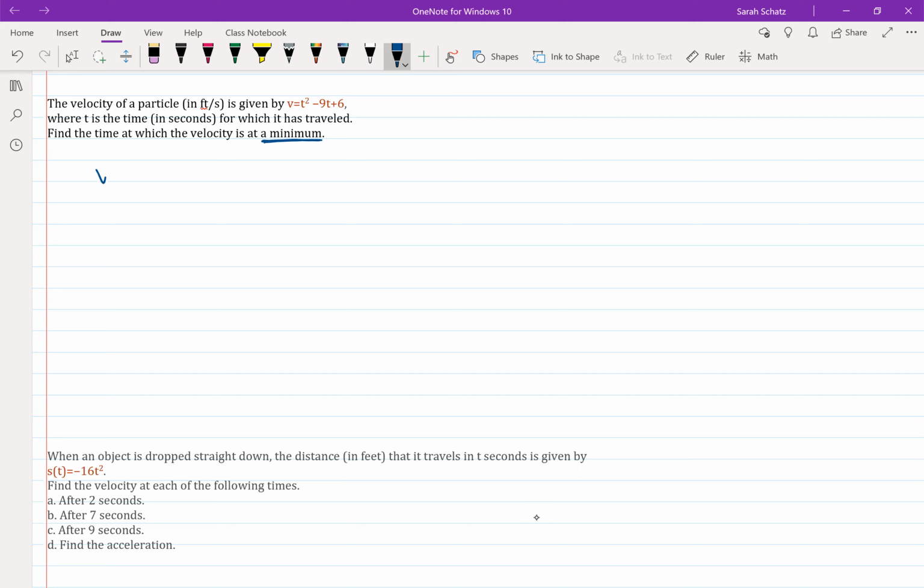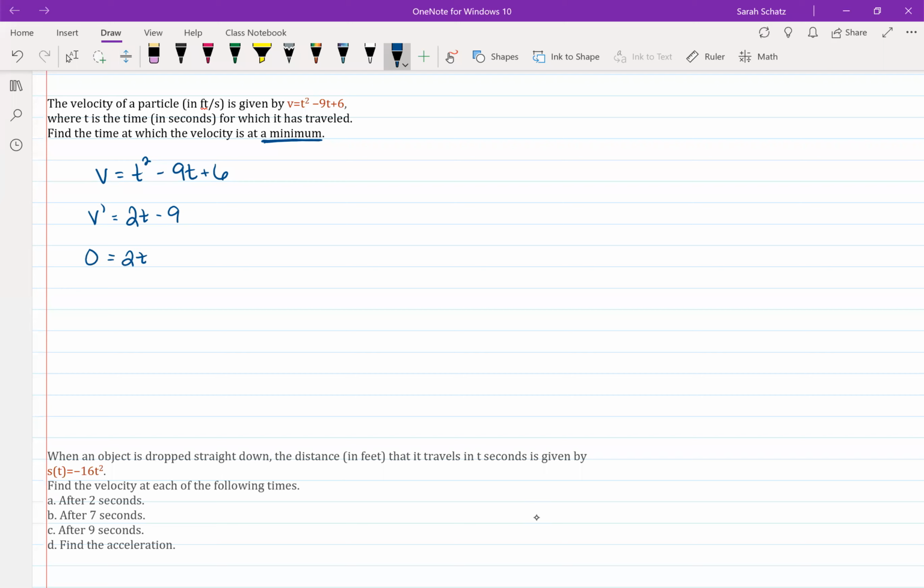So how do I find critical points? Well, I take the first derivative, right? So we have v equals t squared minus 9t plus 6. Let's take the first derivative. That's going to be 2t minus 9. Set that equal to 0 to find your critical point.